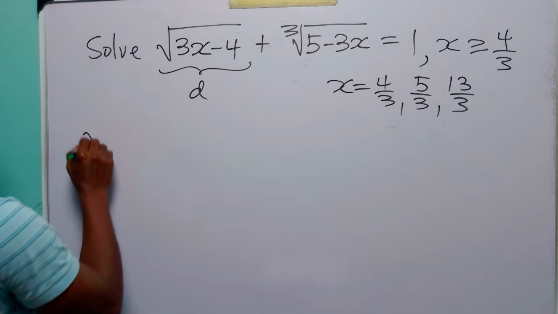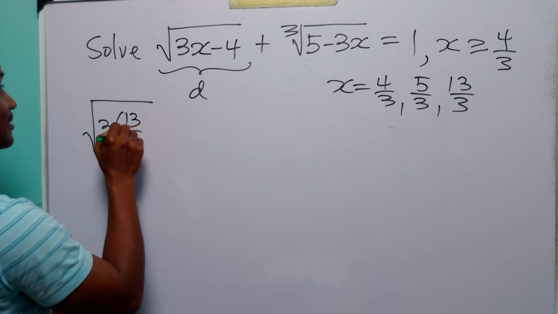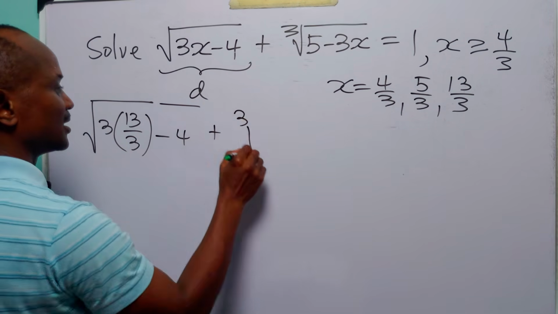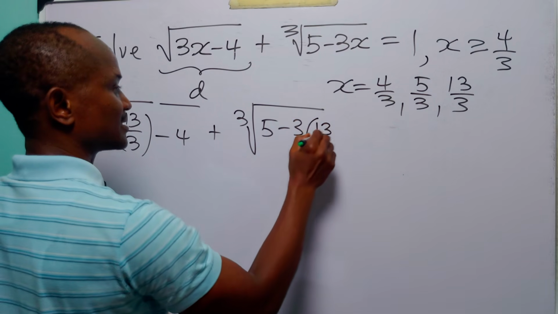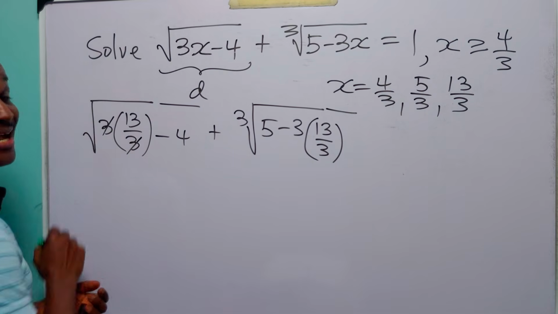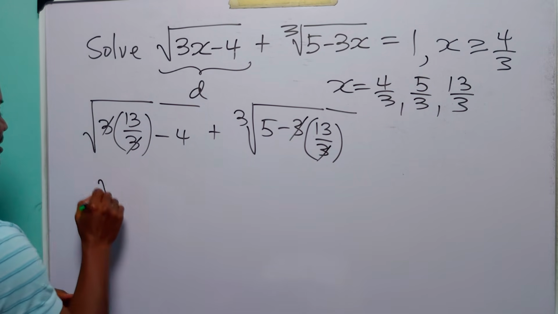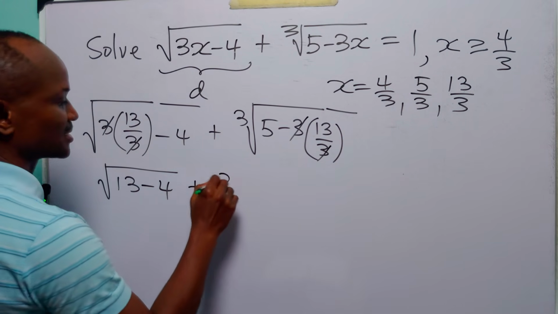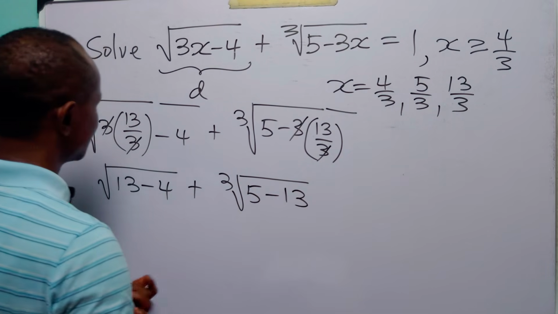Substituting into the original equation, we have the square root of 3 times 13 over 3 minus 4 plus the cube root of 5 minus 3 times 13 over 3. Now, of course, this is going to cancel that, and this is going to cancel that, giving us the square root of 13 minus 4 plus the cube root of 5 minus 13.